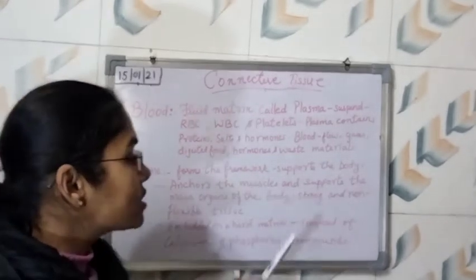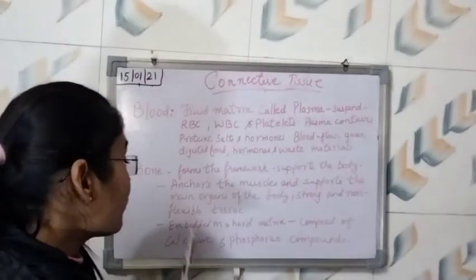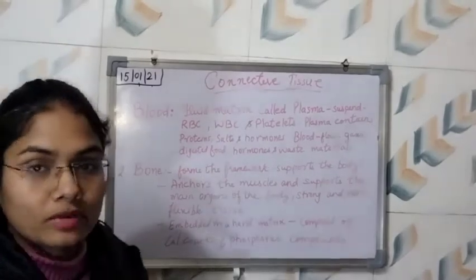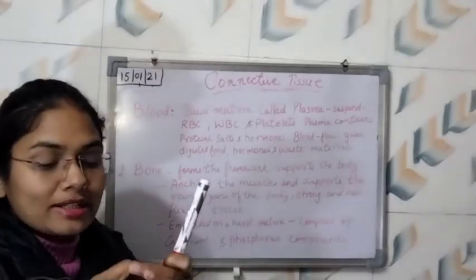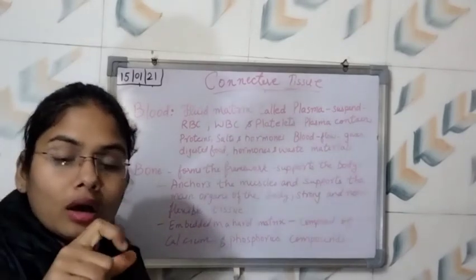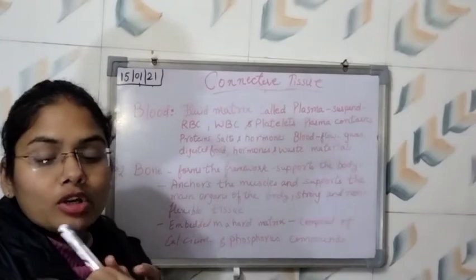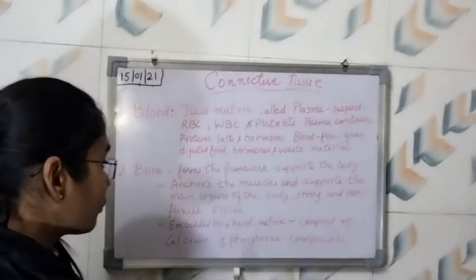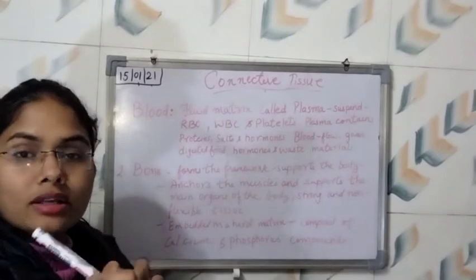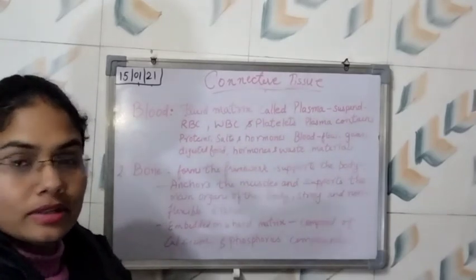Also, these bones are strong and non-flexible tissues, right? You can't bend the bones. You can only bend from the joint parts, not from the bone part. This part doesn't get bent, right?